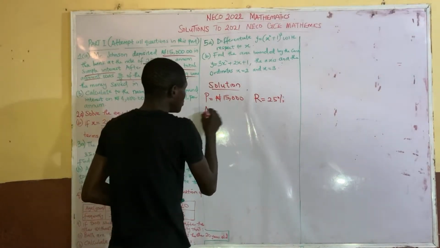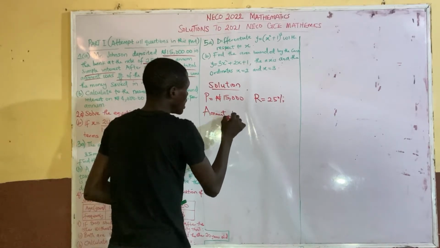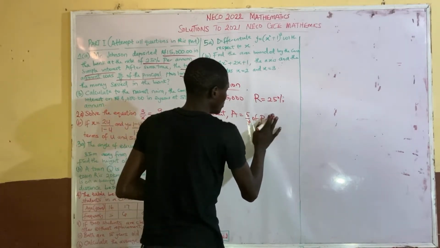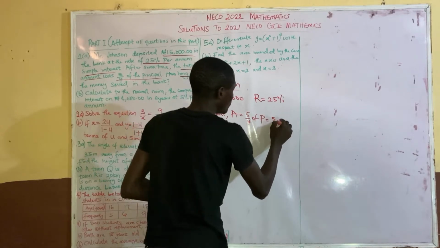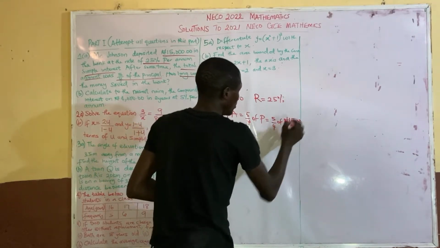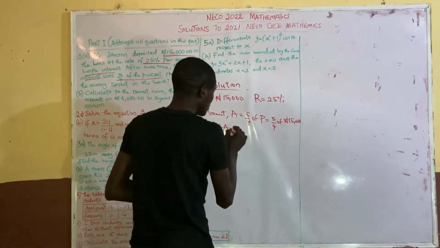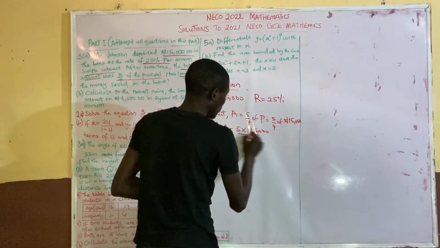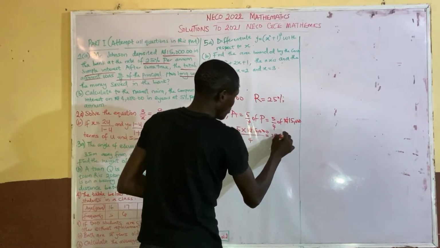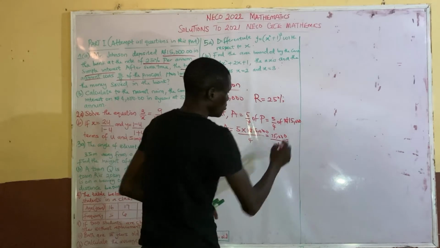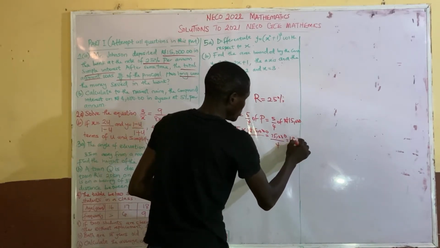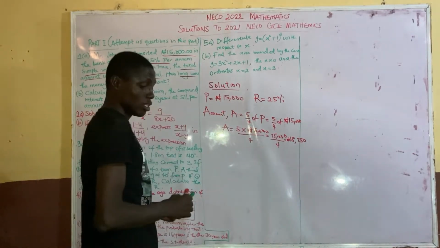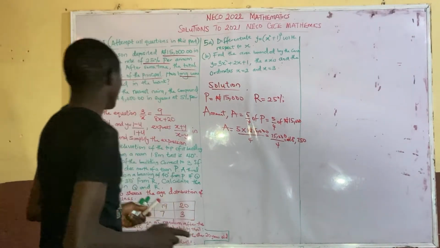So the amount A is 5/4 of 15,000 naira. That gives 5 times 15,000 over 4, which is 75,000 over 4, so the amount is 18,750 naira. So from here we've gotten our amount.